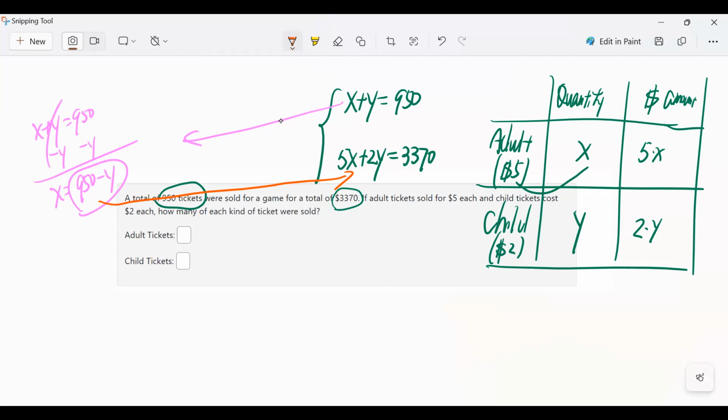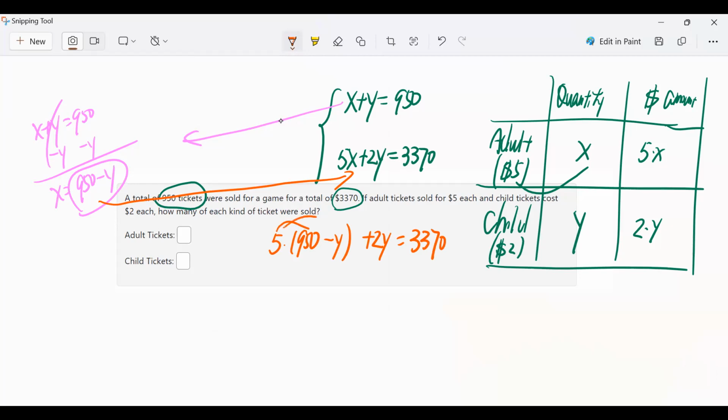Then we'll be able to solve for y. We get 5 times (950 minus y) plus 2y equals 3,370. And from there, now we can solve for y.